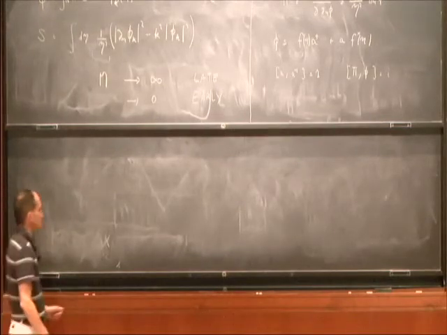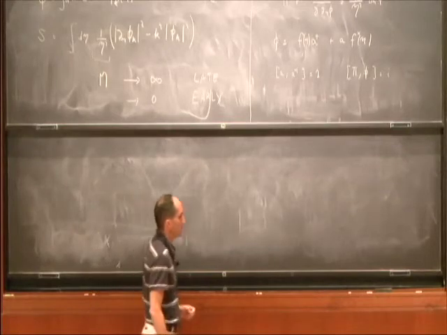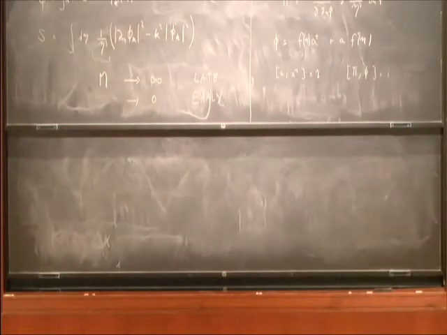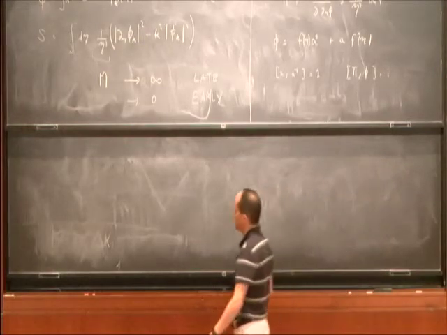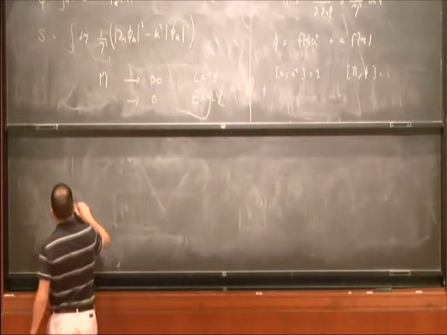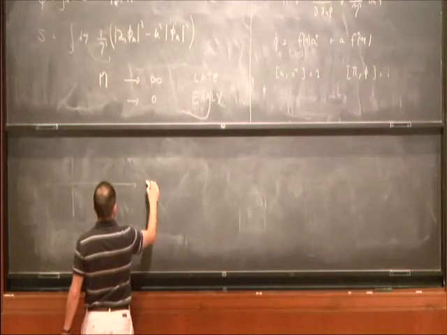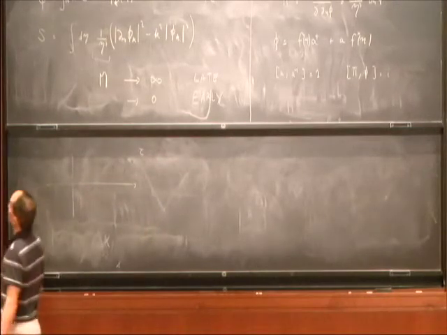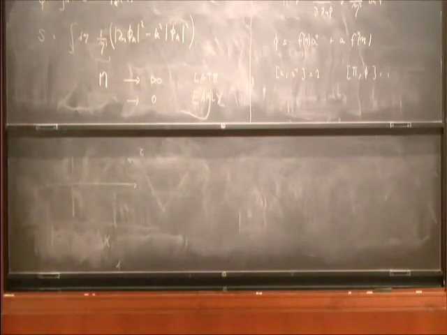OK, so let me say one more thing about this contour issue. Let's draw this integration contour in the t-plane. So we have the tau plane of de Sitter here, these coordinates.